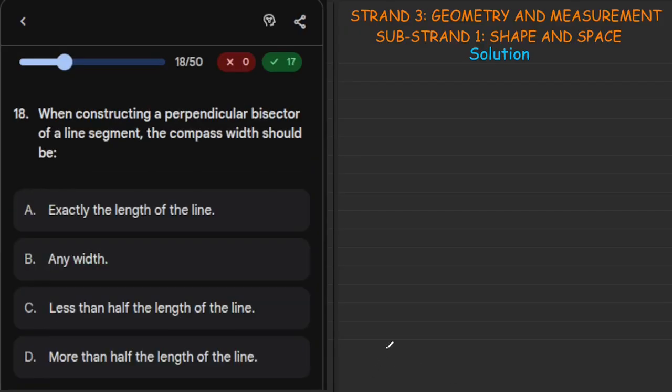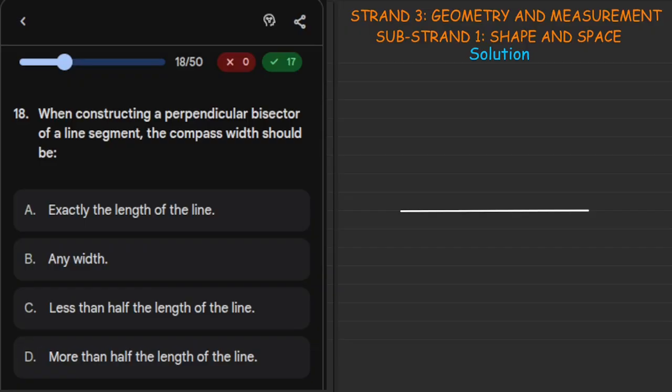Number 18. When constructing a perpendicular bisector of a line segment, the compass width should be what? So I'm drawing a line segment here that I will construct a perpendicular bisector with.